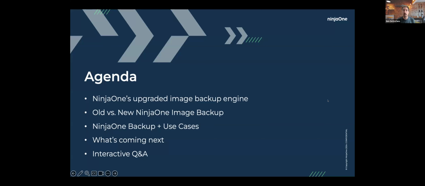Dan will show off a little bit of the image backup engine in a few different areas, kind of what we have now. We'll discuss what's coming next for NinjaOne Backup on the horizon. And then we'll do an interactive Q&A session as well as a giveaway.